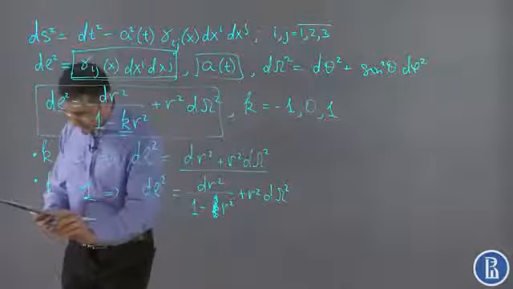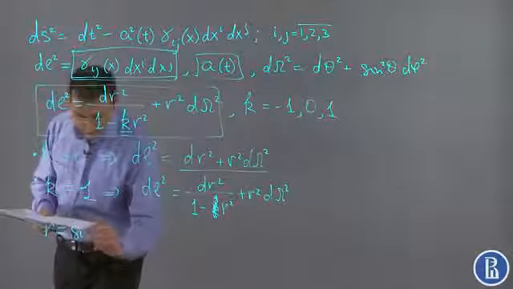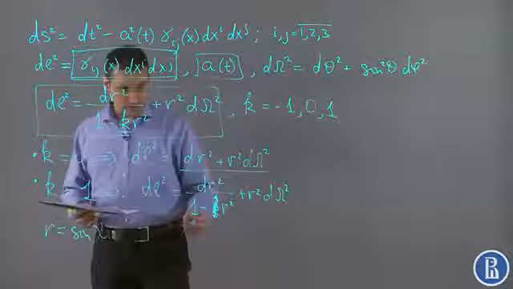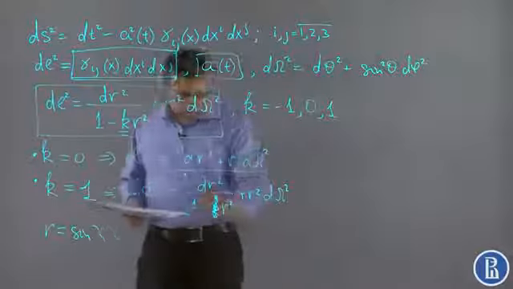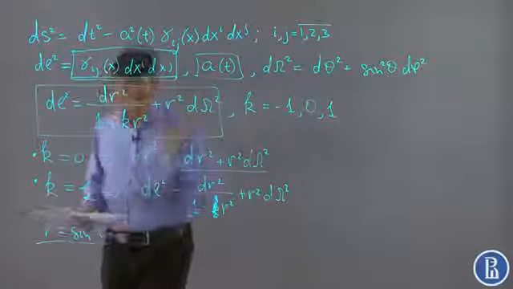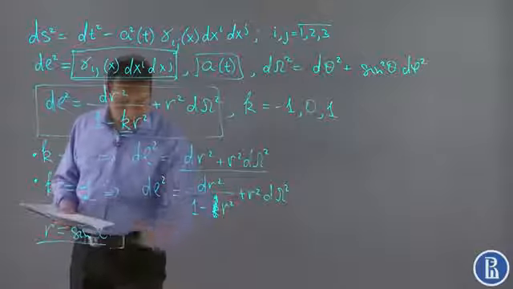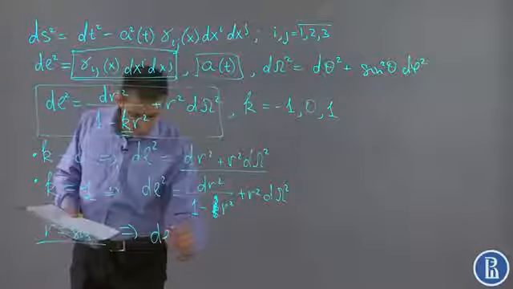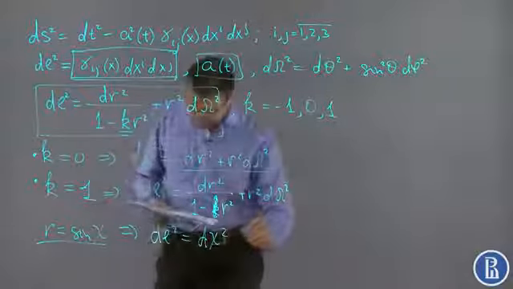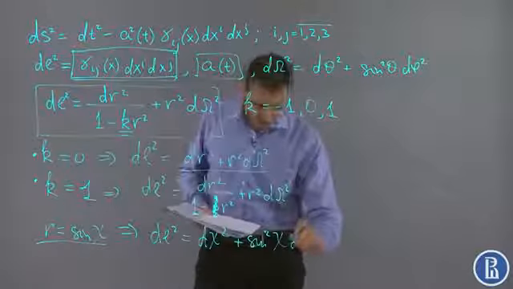We can denote r as sine of some angle chi. Obviously, for this to be meaningful, r should run from 1 to -1. So this is a meaningful change. And then, if we make such a change in this metric, dl squared becomes a metric familiar to us, d chi squared plus sine squared chi d omega squared.